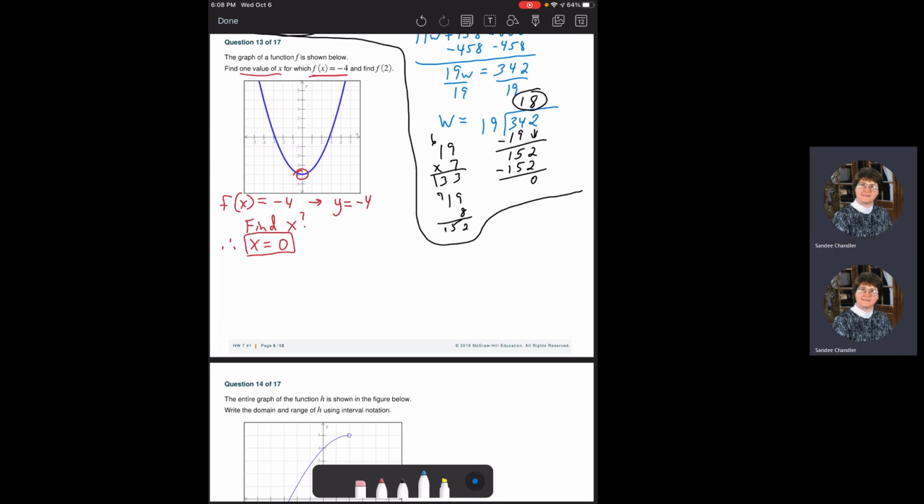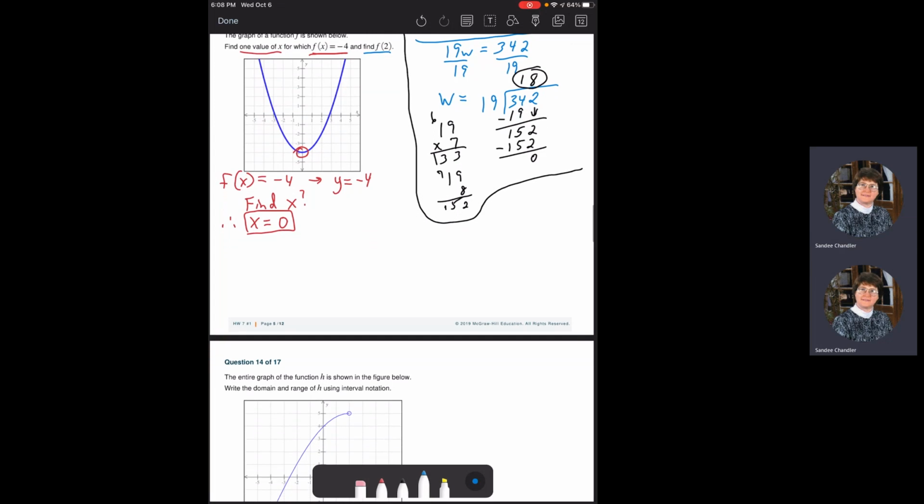When we see find f of 2, that tells us x equals 2, and they're asking us to find the y. So therefore, we'll look for when x is 2. Whoops, too many stray marks on there.